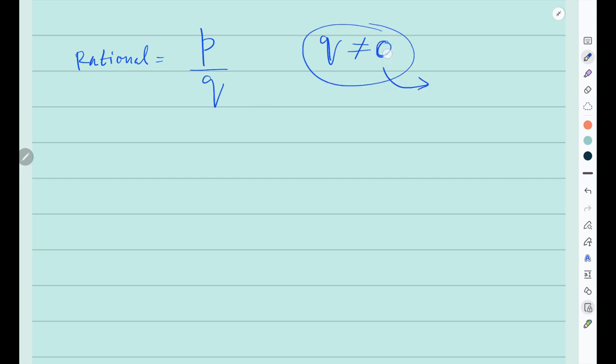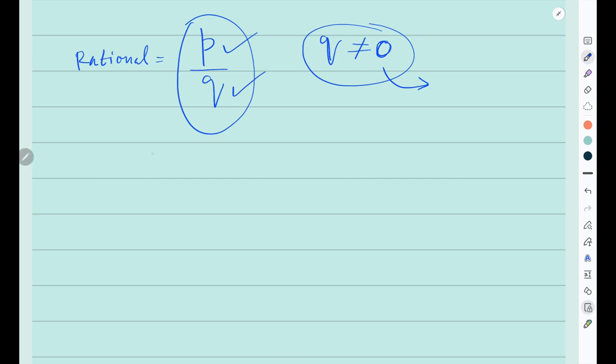Because if Q were 0, then this would become infinite. So that we don't want. So Q is not equal to 0, and P and Q are whole numbers or natural numbers. So any rational number could be expressed in the form of P and Q.